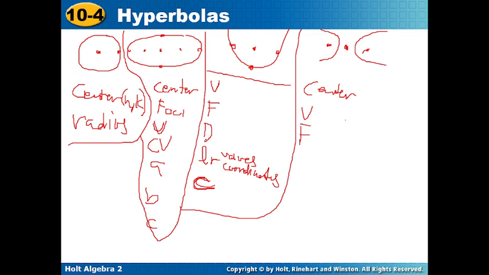We also have what we call asymptotes. So what are the asymptotes?